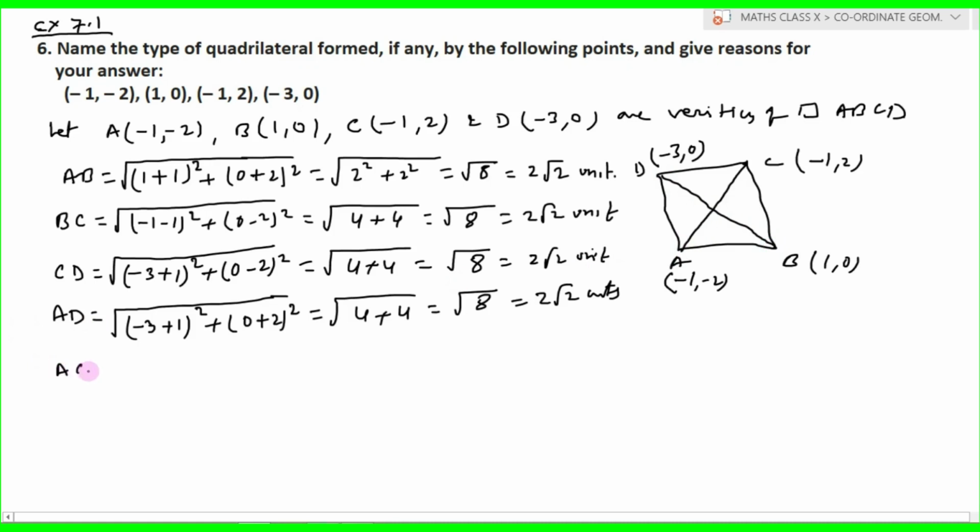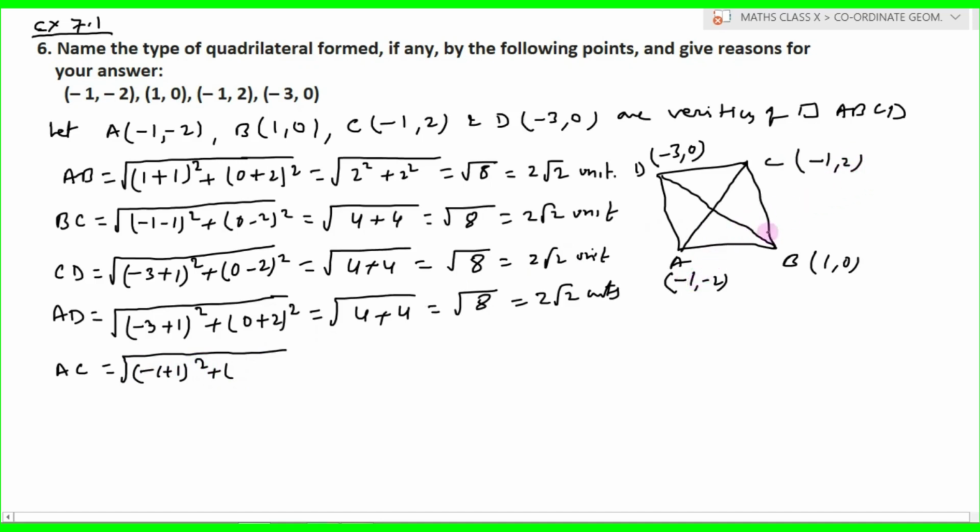So find the length of AC. What is AC? This is AC, this is x1 y1 and this is x2 y2. So x2 minus x1, so -1 minus (-1). So this will give you plus 1 whole square, plus y2 minus y1.